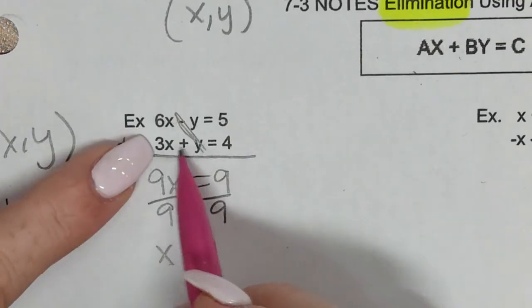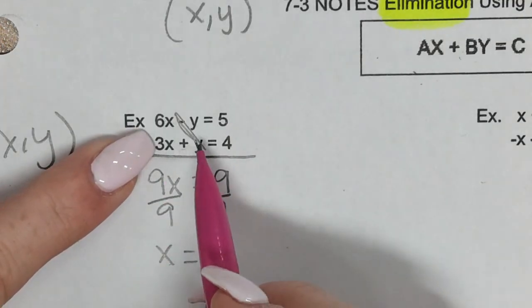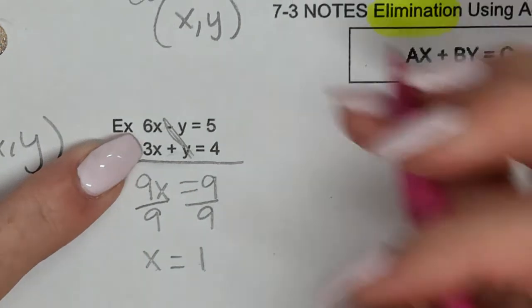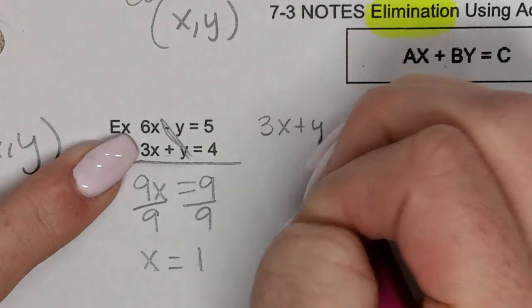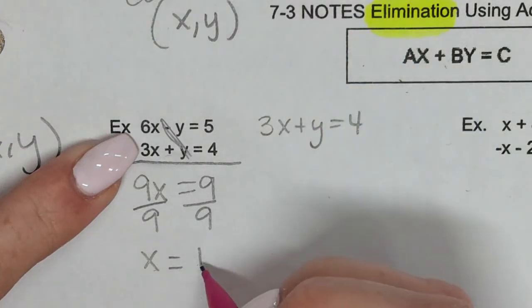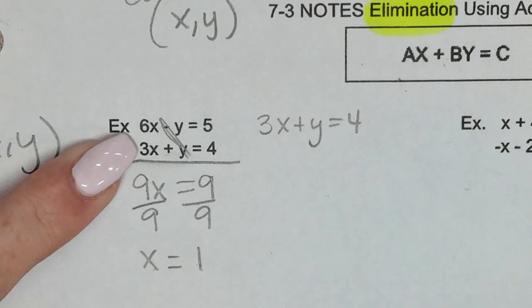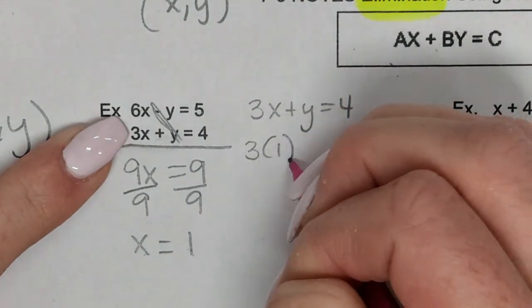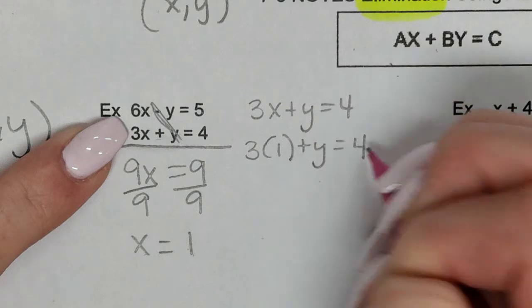So I'm going to use this equation right here to solve for the value of y when x is 1. So I'm going to do 3x plus y equals 4, and I'm going to plug this back in for x. So I'm going to do 3 times 1 plus y equals 4.